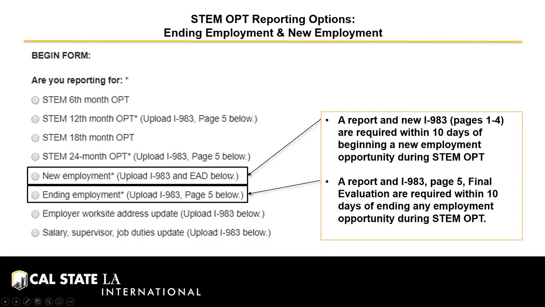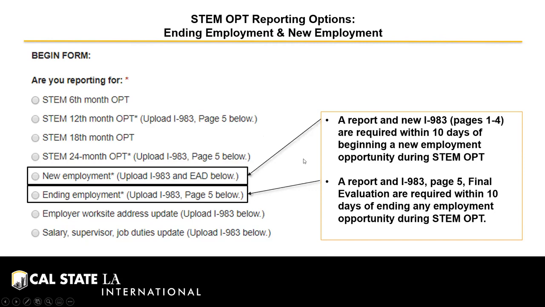Okay, one thing that we see a lot of the time is, well, I changed my employer, but the HR and my manager are taking a little bit of time with the I-983, and I might not submit it within 10 days of my start date. Okay, if that's the case, just remember that whatever you report past 10 days is going to be marked as past due.